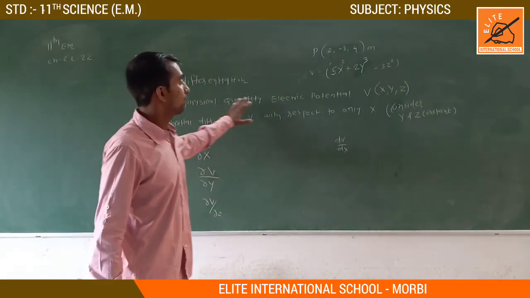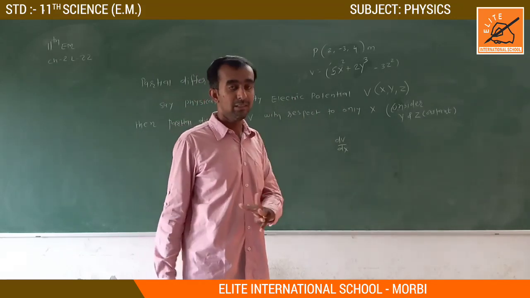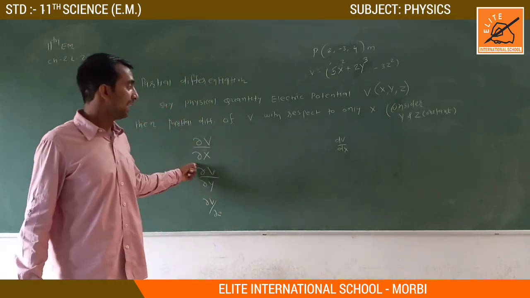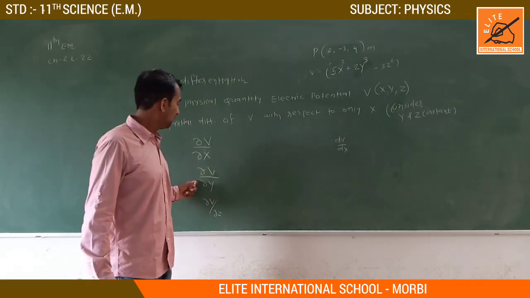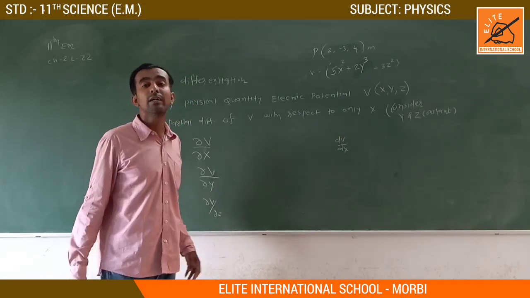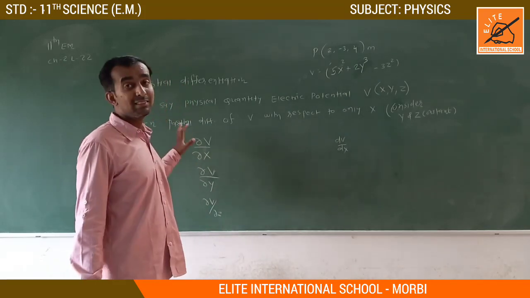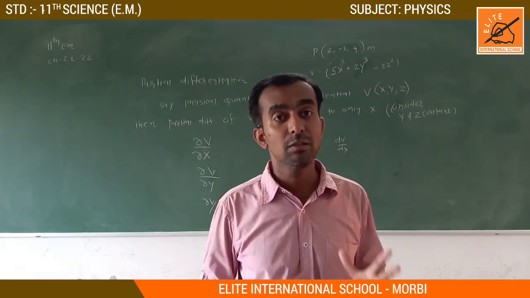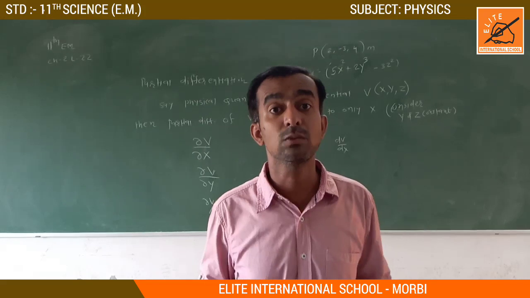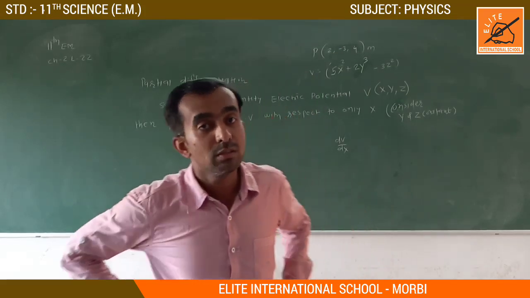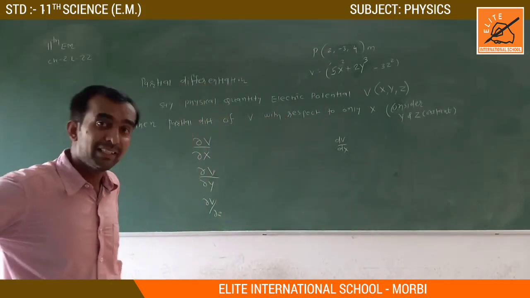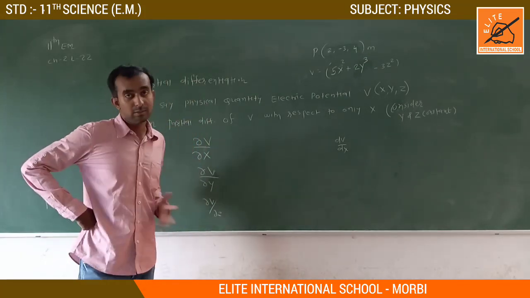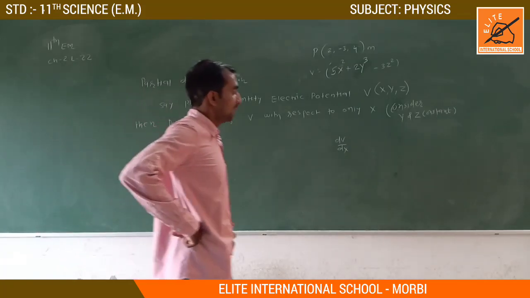So the physical quantity, electric potential, is in how many directions? x, y and z. But what we are considering is del v by del x, del v by del y, del v by del z. Okay. So this is known as partial differentiation. We are differentiating potential with respect to x only. y is constant. If we do z, then in x, y is a constant value; if we do y, then in x, z is a constant value, right? So this is your partial differentiation.